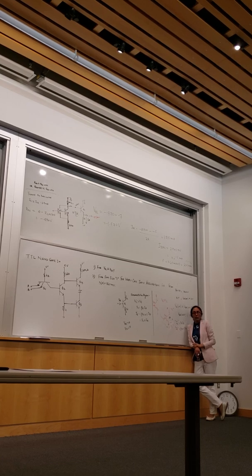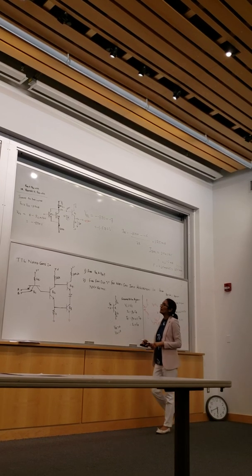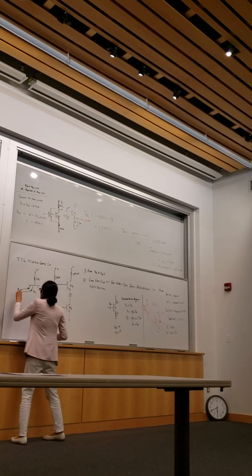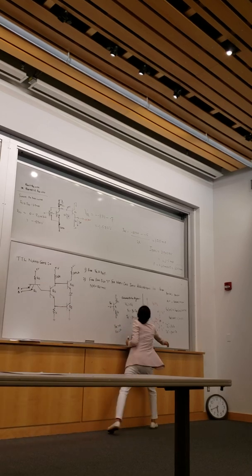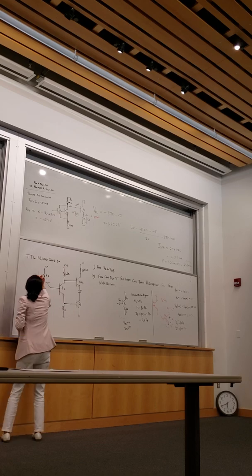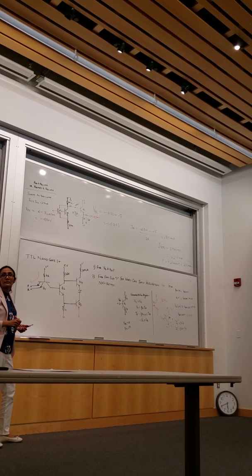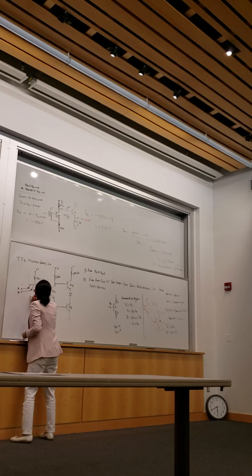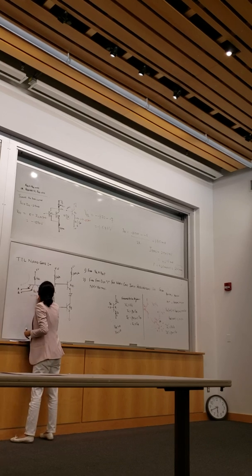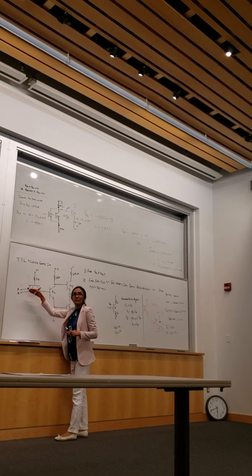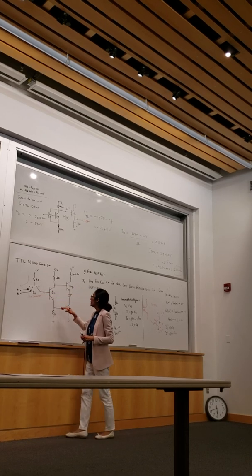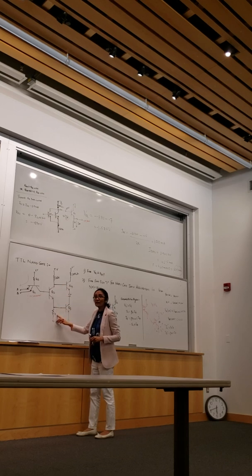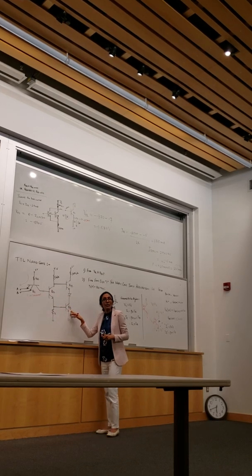Everyone with me? Okay. So now let's get back to the TTL gate. So when both are low, right, the current follows this path, right? And this transistor is on and in saturation region. It's gonna try to pull out the current through the base of Q2, turning this transistor off. This transistor off, no current flows here, 0 volts, turning this transistor off.